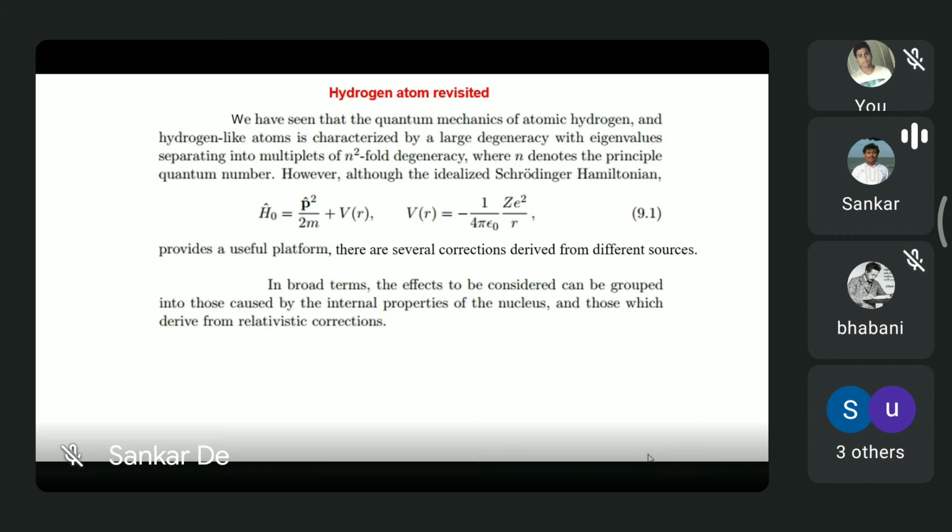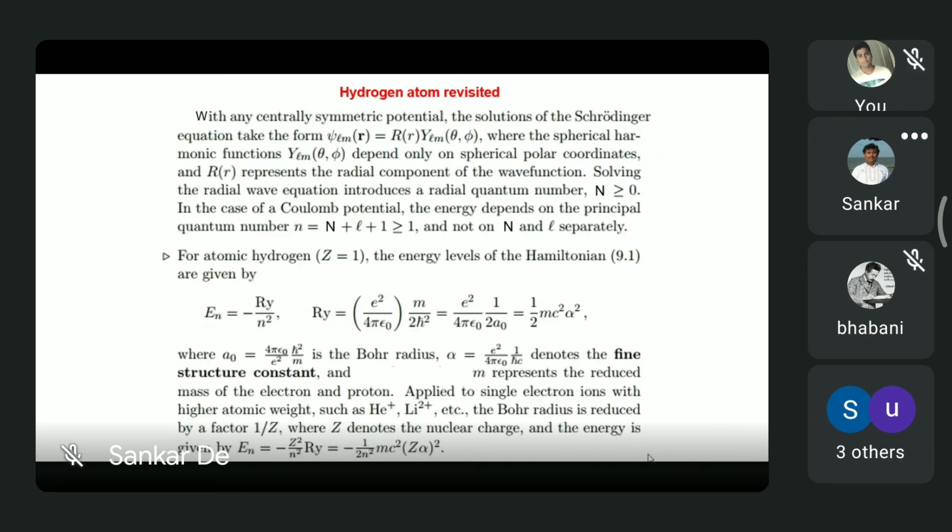So in broad terms, the effects considered can be grouped into internal properties of the nucleus, that is the spin-orbit coupling and the Darwin term, and the relativistic corrections to the kinetic energy. And what else did we learn from this hydrogen atom?